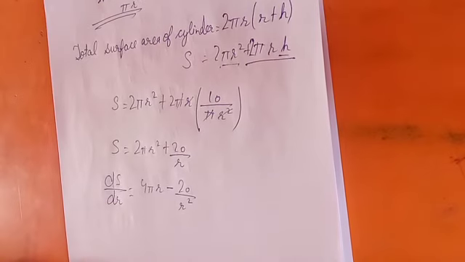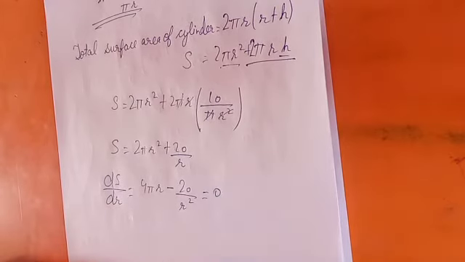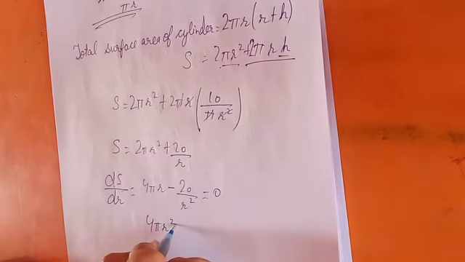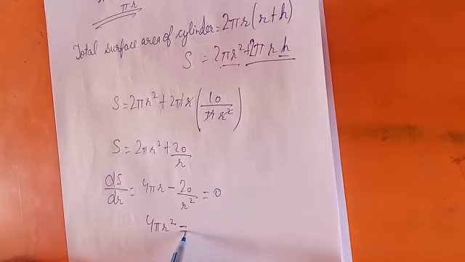Now for extreme values we have to put our first derivative equal to 0, means this is equal to 0. Okay, so 4 pi r is equal to 20 by r square.